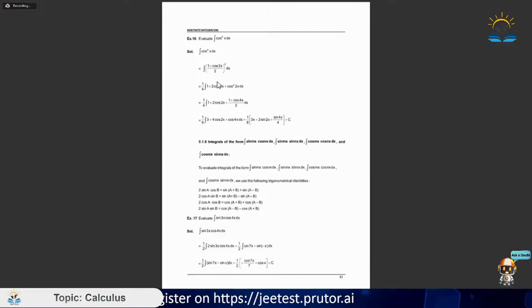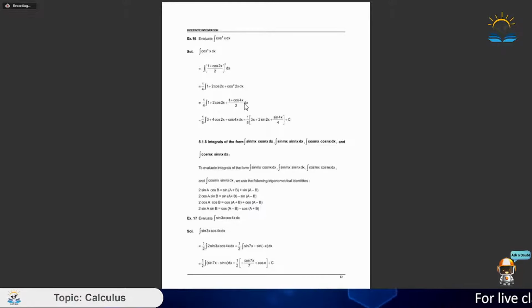They have opened the square here, and taken the constant out. These are simple integrations. For cos square 2x, they have again substituted with (1 plus cos 4x) by 2.